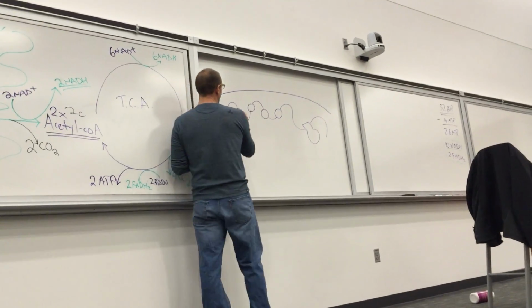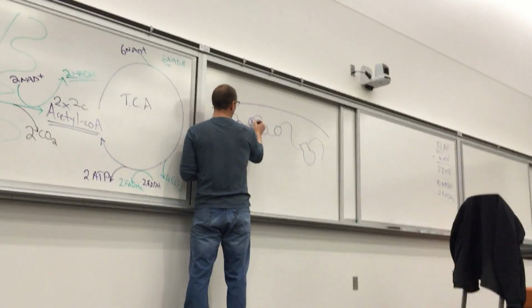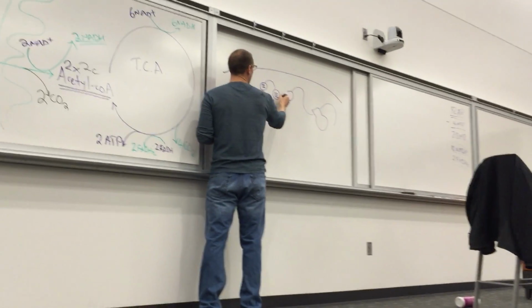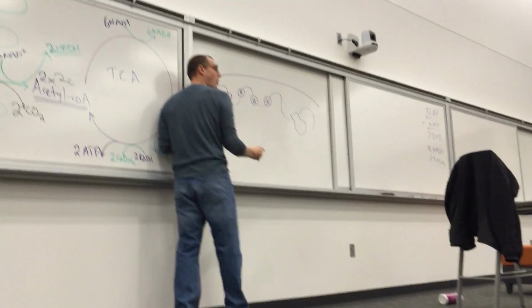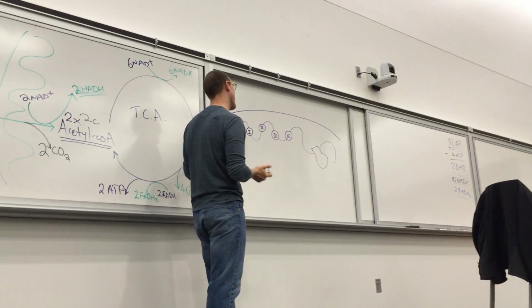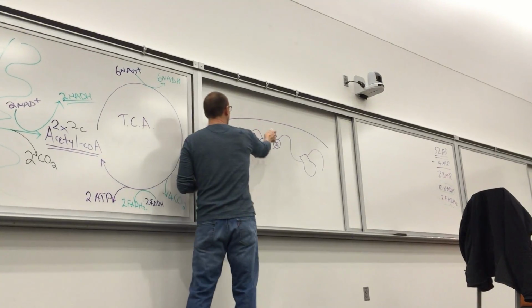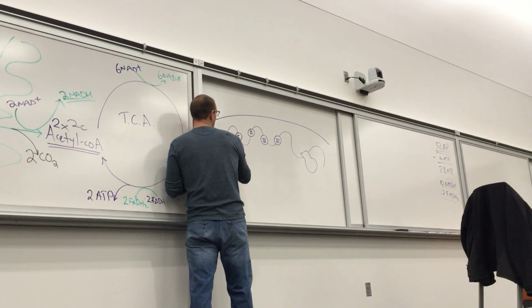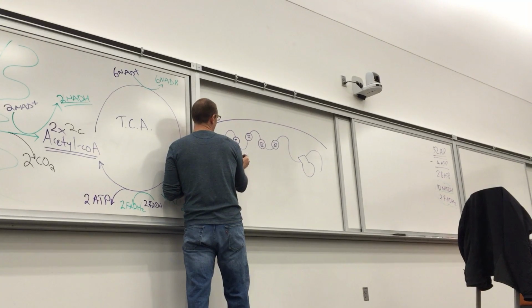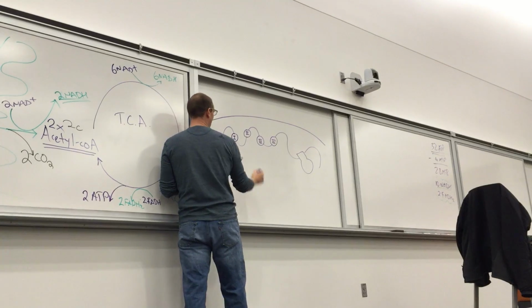So how do we get the energy out of NADH and FADH2? Here's what happens. This is called complex 1, this is called complex 2, this is called complex 3, and this is called complex 4. They have long chemical names. One is called NADH dehydrogenase, and one is called cytochrome oxidase. Don't worry, 1, 2, 3, and 4. What 1 does is it takes a molecule of NADH and it oxidizes it back to NAD+.